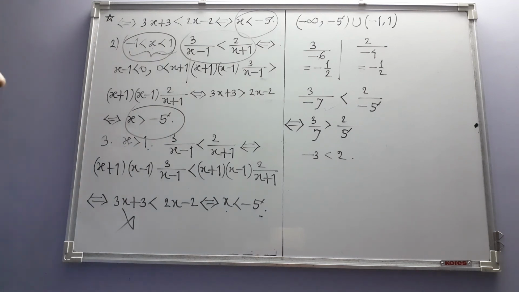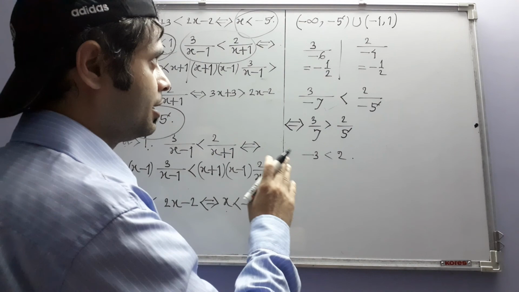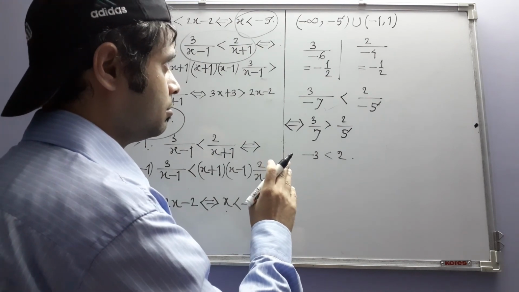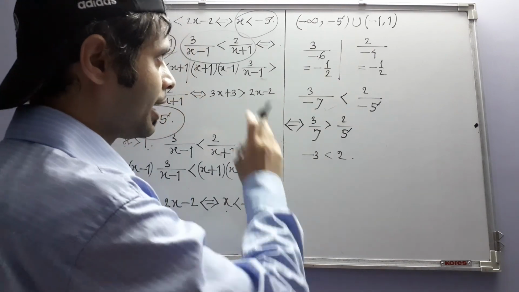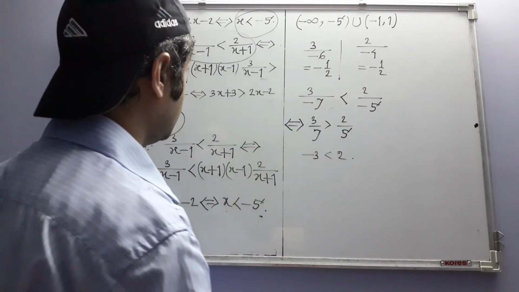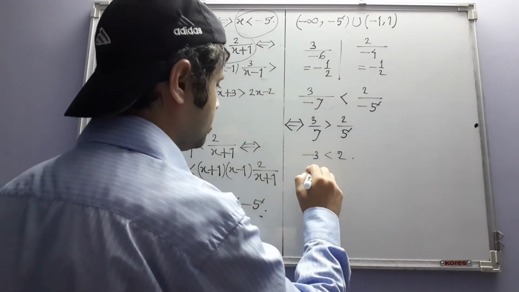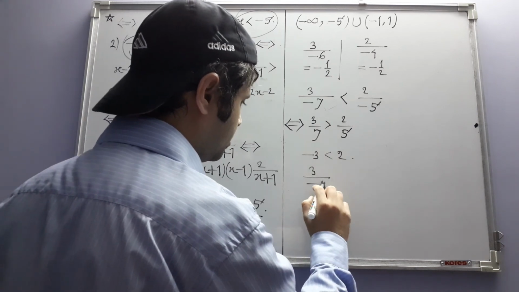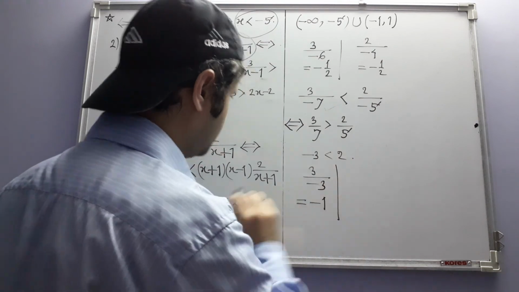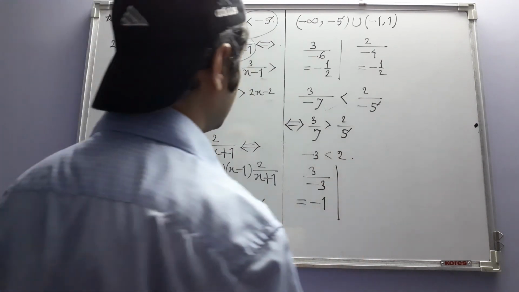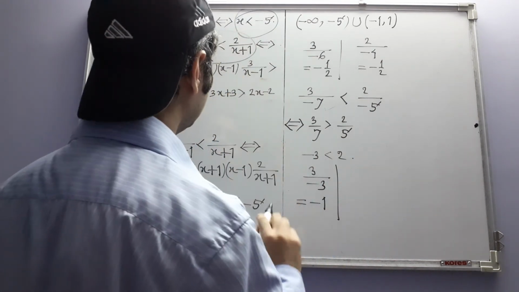But if you take for example x equal to minus 2, which is outside of this interval, lying between minus 5 and minus 1, then here you will get 3 divided by minus 3, which is minus 1. On the other side, what did we take? Minus 2.